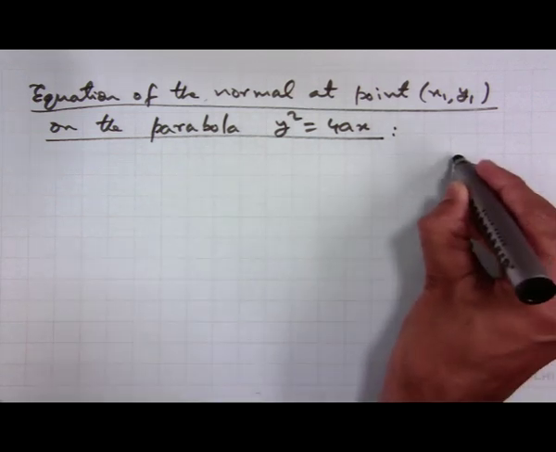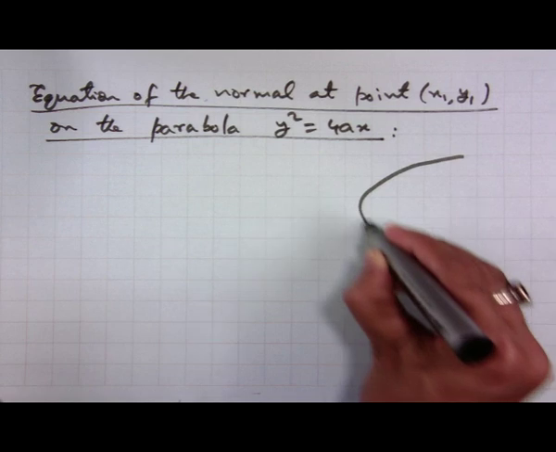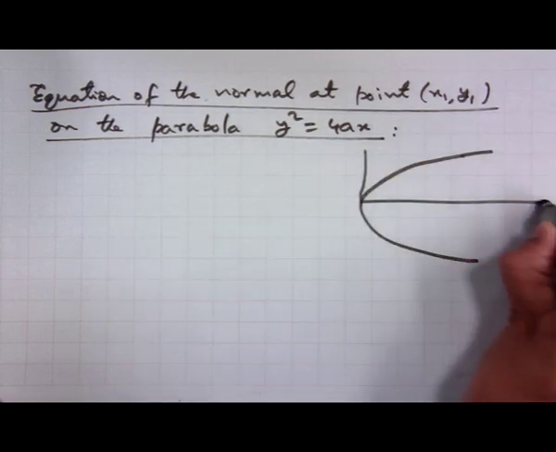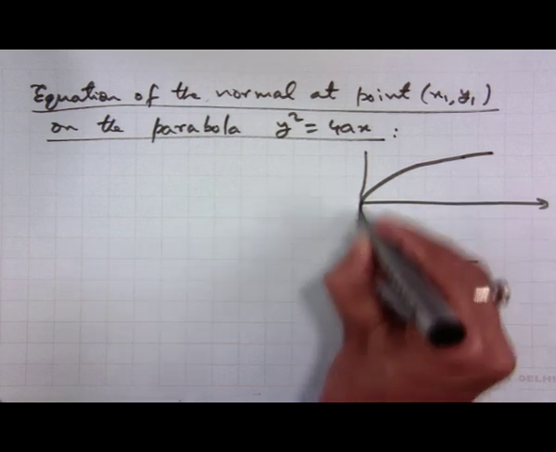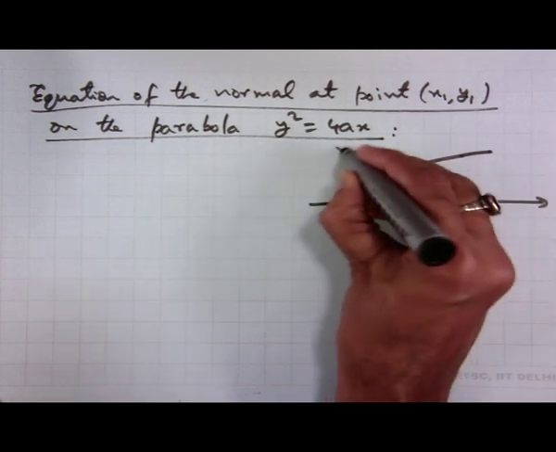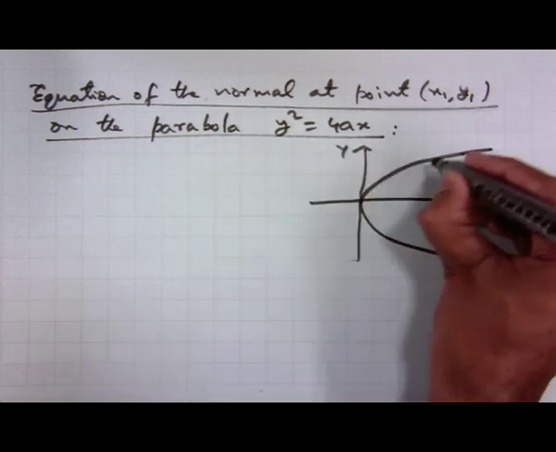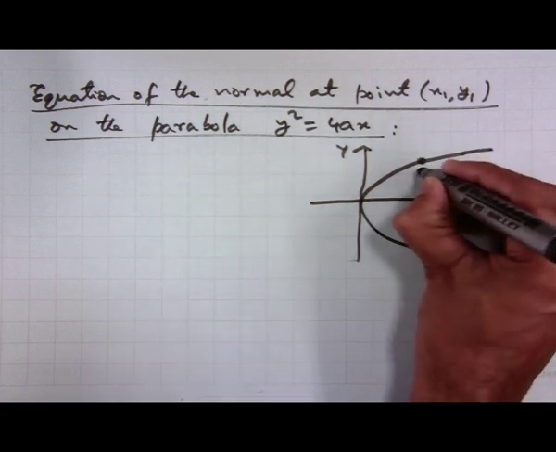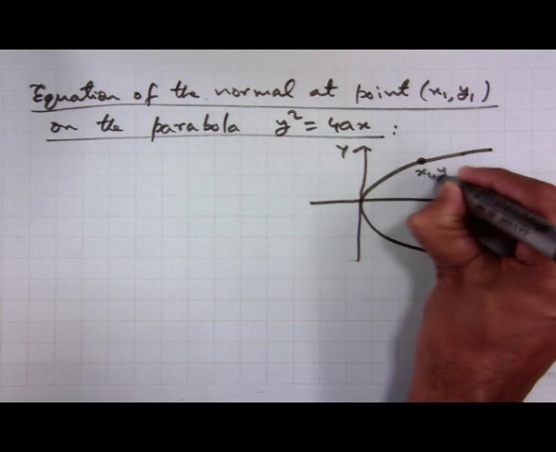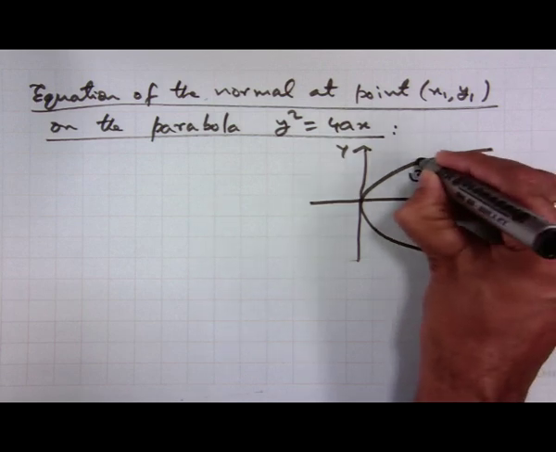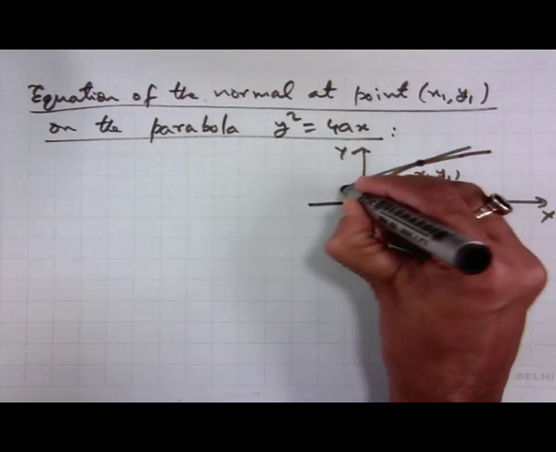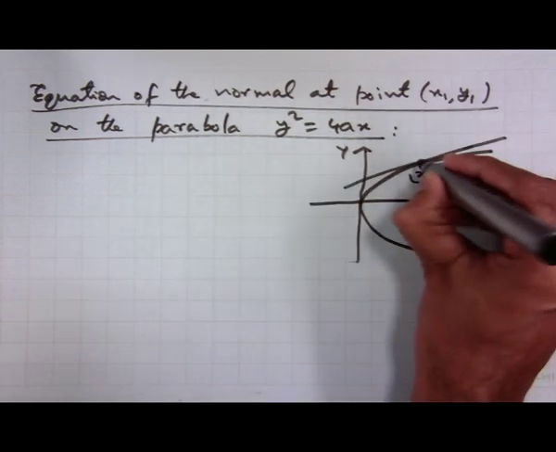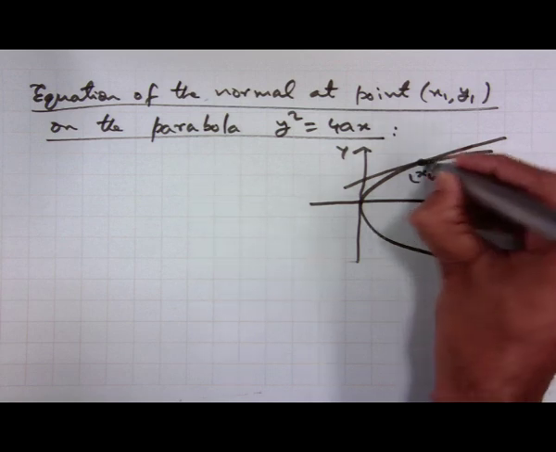So, if we have this parabola, if we take a point x 1 y 1, the tangent line is this and the normal line is the line which is perpendicular to the tangent line.